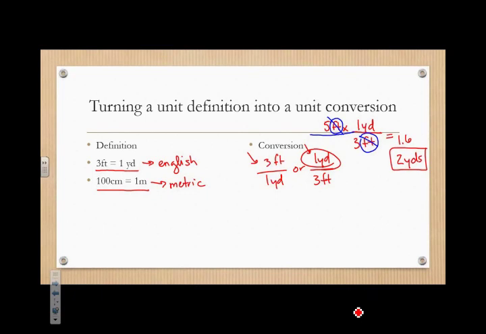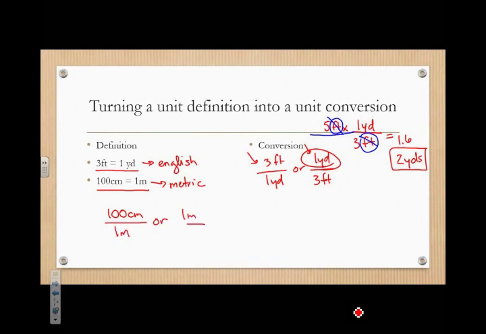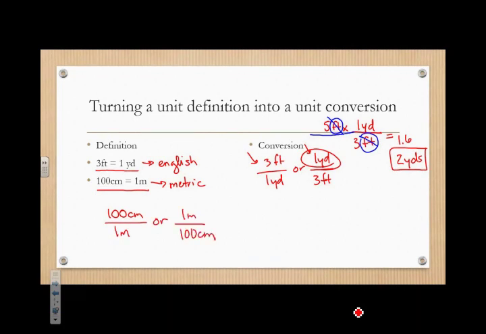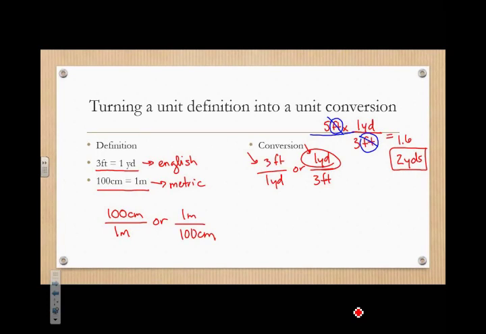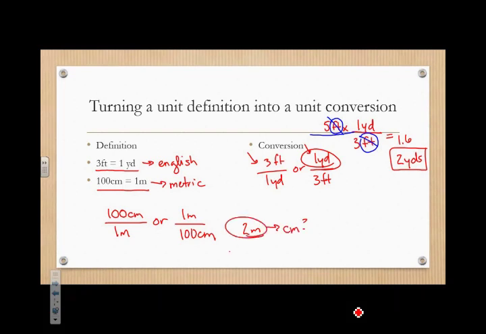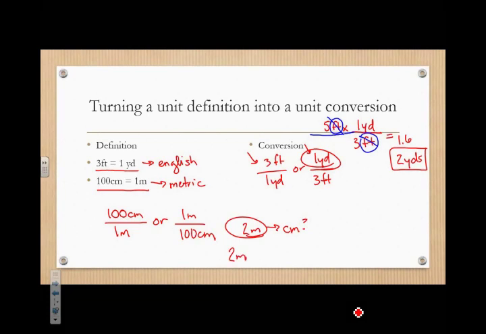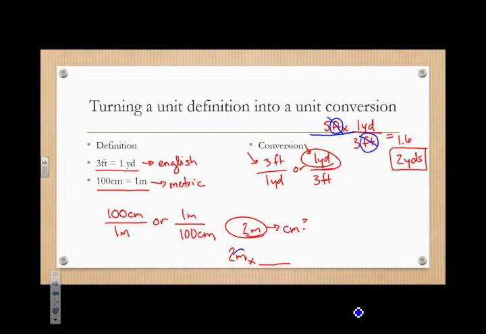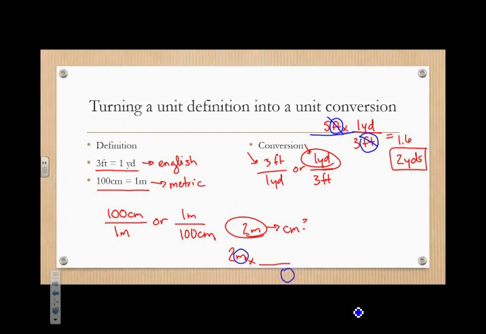I could also do the same thing with my 100 centimeters. So I could say 100 centimeters over 1 meter, or I could say 1 meter over 100 centimeters. It just depends on what the question is asking me. So if I had, let's say, 2 meters, and I wanted to know how many centimeters that was, I would start with my measurement, start with the number I'm given and its unit, which is 2 meters, and then set up my dimensional analysis where here's meters up here, so meters must be down here.